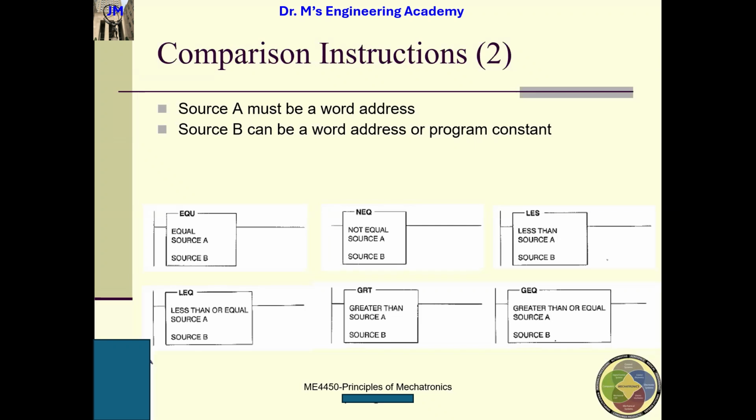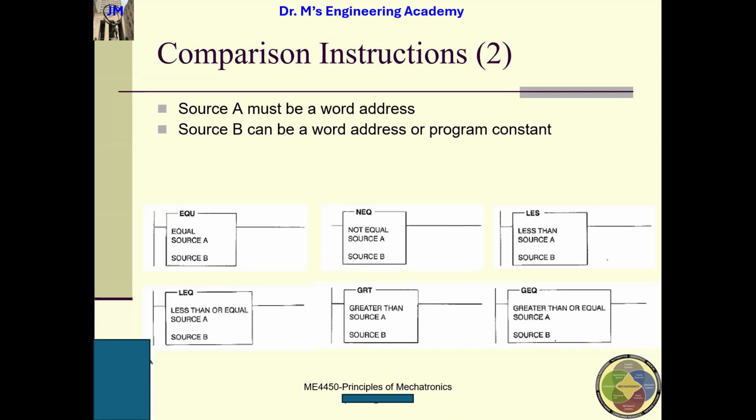Here is the convention. Source A must be a word address, which means you are going to compare the content of this address with something else. But for source B, the requirement is relaxed.